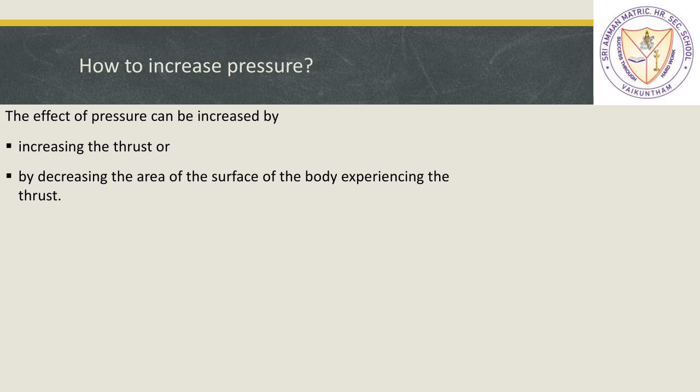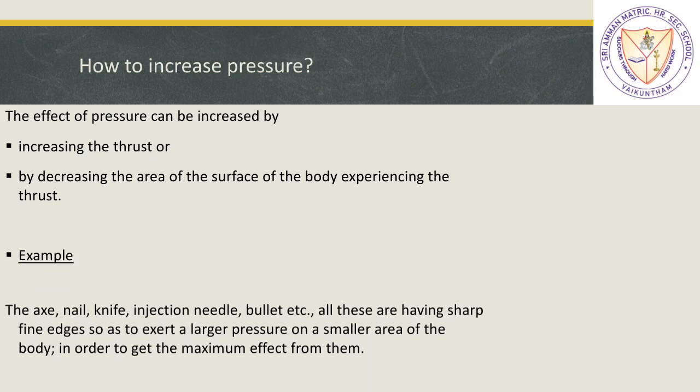The same thing: pressure can be increased by increasing the thrust or by decreasing the area of the surface of the body experiencing the thrust. That means the area of contact. Okay. So how can we increase? Two things. Either by increasing the thrust or by decreasing the area of contact.